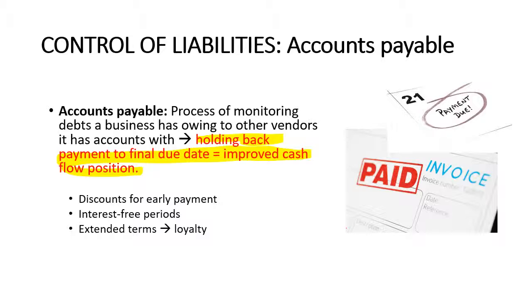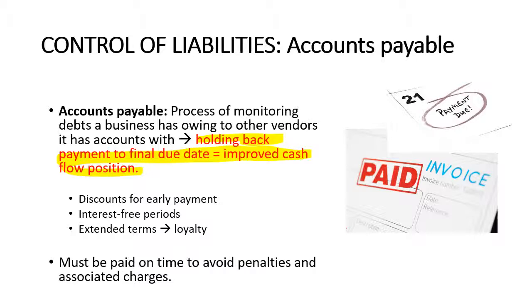Okay, and that gives me more time to pay it, and that improves essentially the financial position. It improves the liquidity, it improves my cash flow because I'm not paying it back till later. And if anything, I can time it right. So think back to cash flow management, timing it to match my inflows. Okay, and last part is that we need to pay back to avoid penalties.